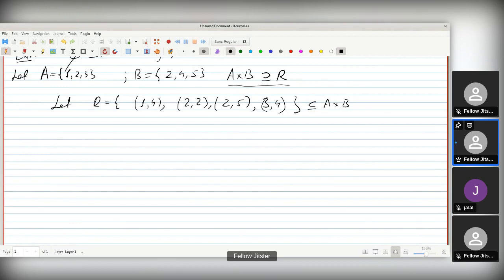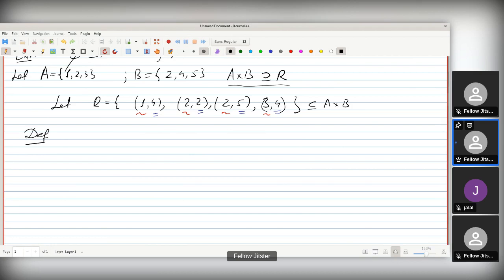For every binary relation, let us define two more sets. The set of its first coordinates, that is the first coordinates of whatever pair that belongs to our relation, and similarly, the set of all the second coordinates.